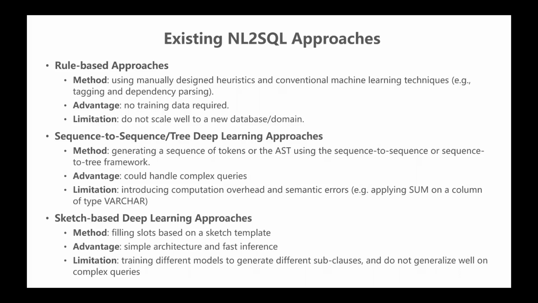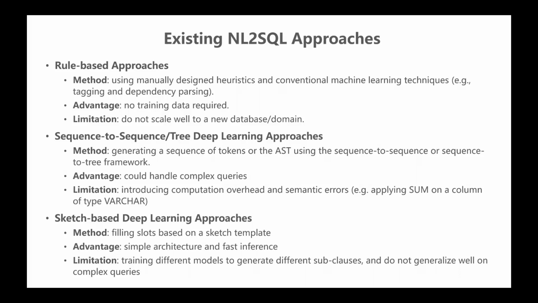The second line of work, the sketch-based methods, design a sketch template with multiple empty slots and train neural networks to fill in the slots. This line of research typically enjoys great speed benefits since they do not need to waste computation resources to generate boilerplates such as keywords, so that all computation resources are devoted to extracting meaningful information from the natural language to complement the SQL query.